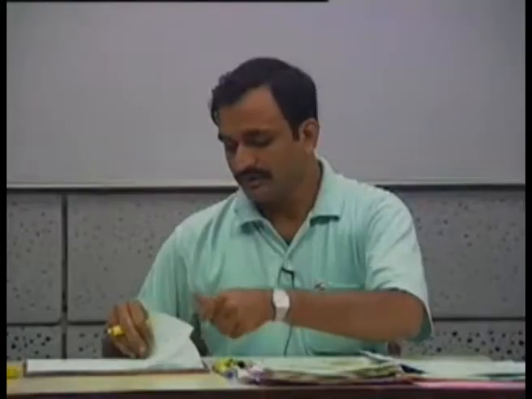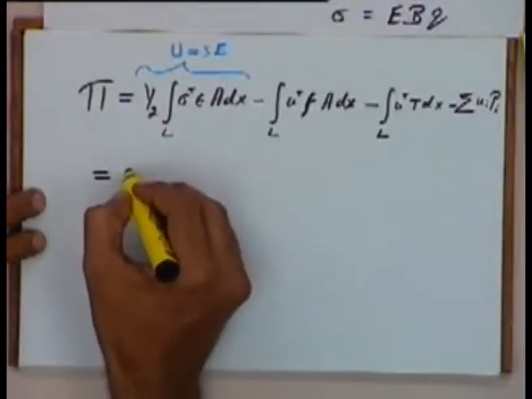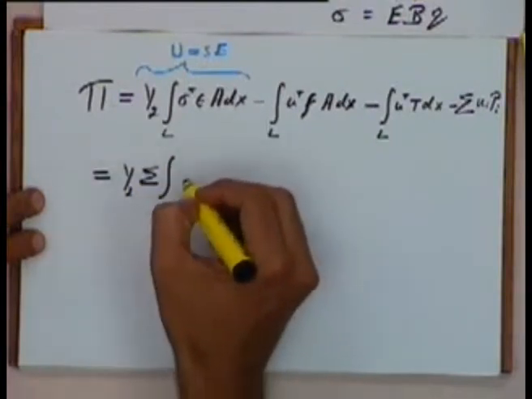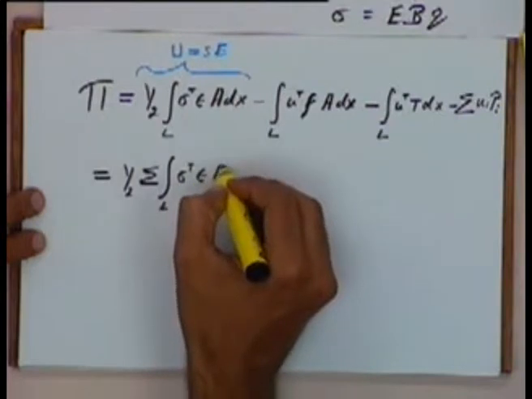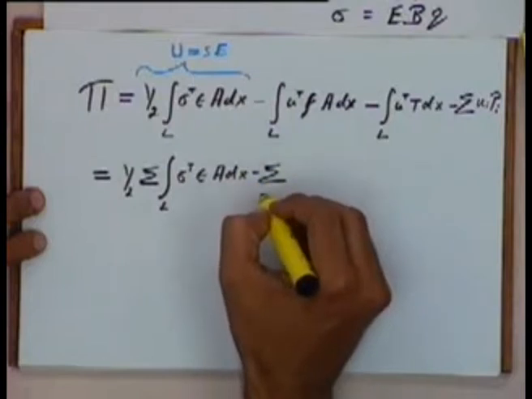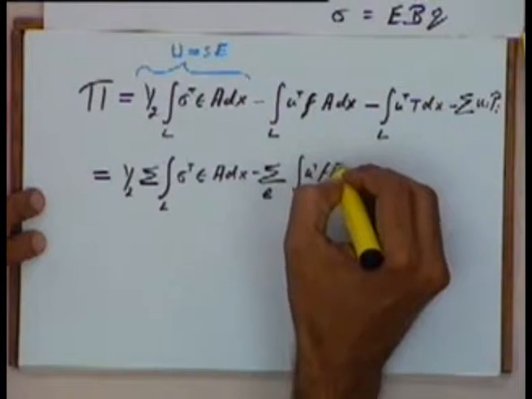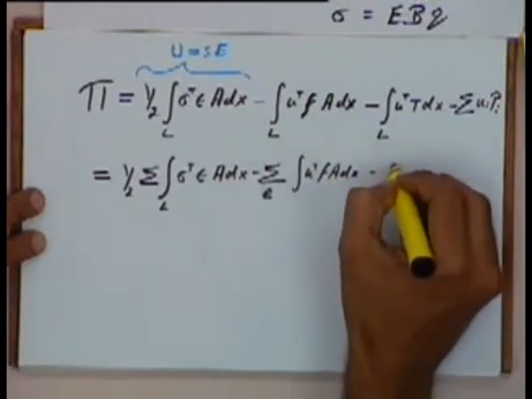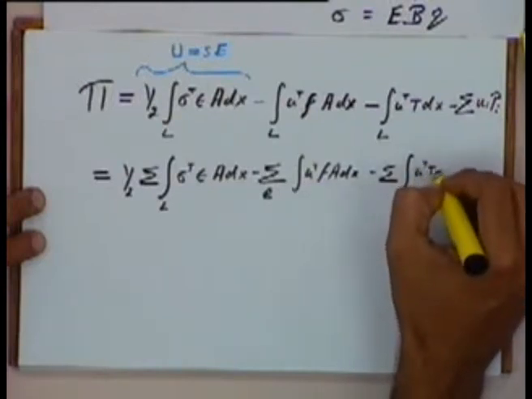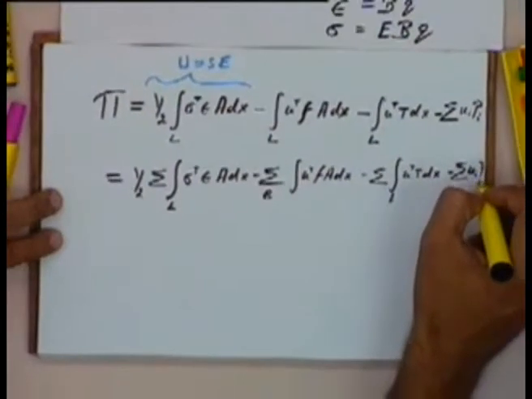So if I use that, I can say that the total potential energy will be half of sigma integral over the length of sigma transpose epsilon A dx, minus sum over all the elements of integral of u transpose F A dx, minus sum of all integral of u transpose T dx, minus sigma ui multiplied by Pi.